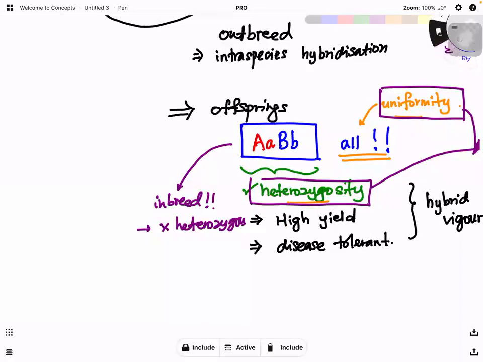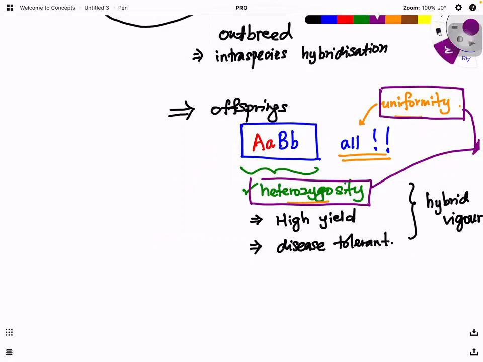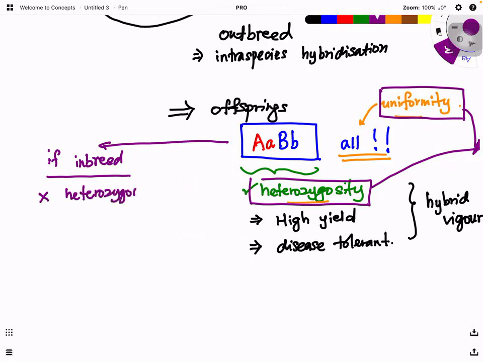Oops, sorry, let me draw. So if you inbreed them again, what will happen? You won't get heterozygosity anymore. You're going to get different phenotypes because independent assortment takes place.